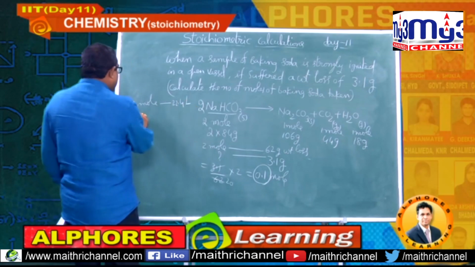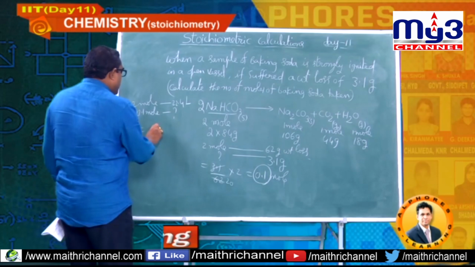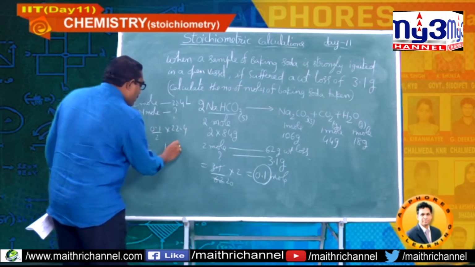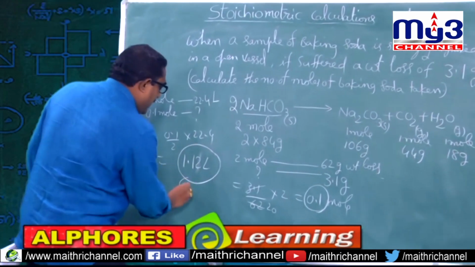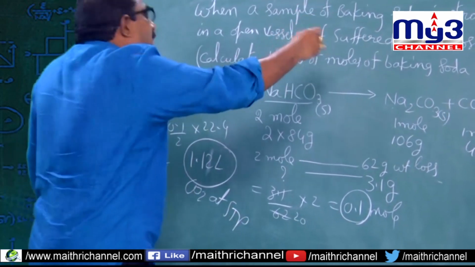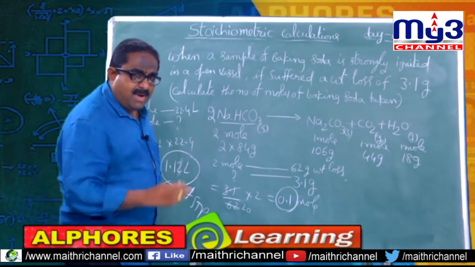But this time, based on this data, how much do you have? Only 0.1 mole. So 0.1 by 2 into 22.4, that is only 1.12 liters of carbon dioxide gas at STP will be obtained. That question may also be asked based on the same data.